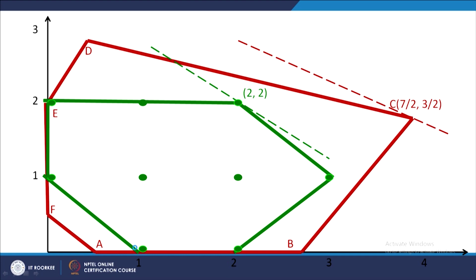Now, as you can see, if you just consider that x1 and x2 are not integers, I mean if they are real numbers, then the solution lies on this point indicated over here, the point C. But our problem is that x1 and x2 should be integers.